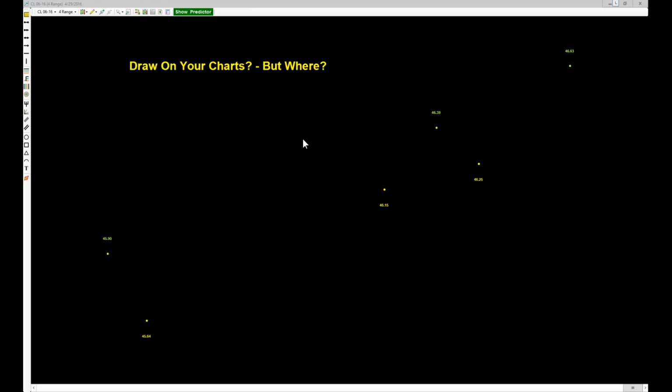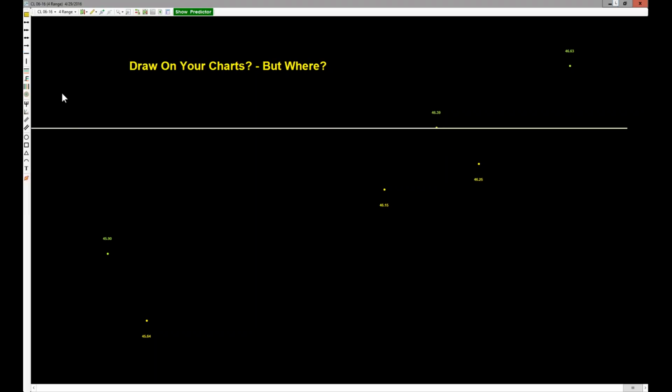Now, what you want to do on your charts is draw your lines, okay? I don't see any prices or anything like that, so I'm only going to be able to draw by these points. So I'm going to go ahead and just draw a horizontal line. And let me ask you a quick question too: at this moment on this chart, what would it have to do to change the medium trend?